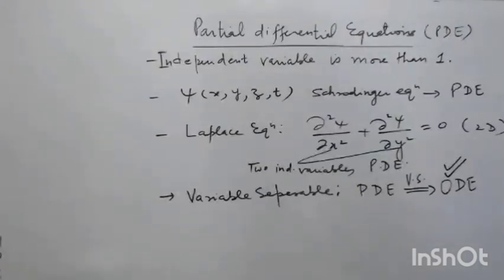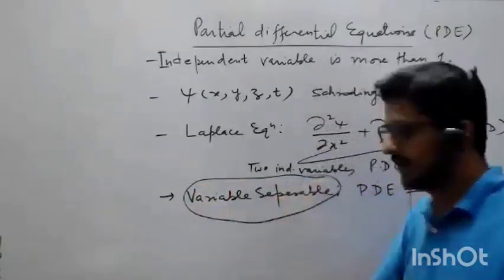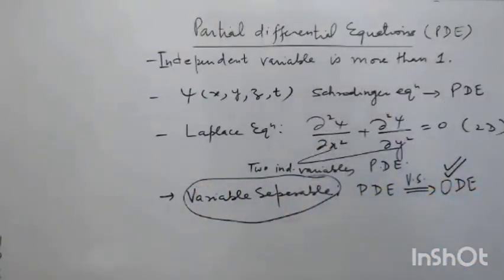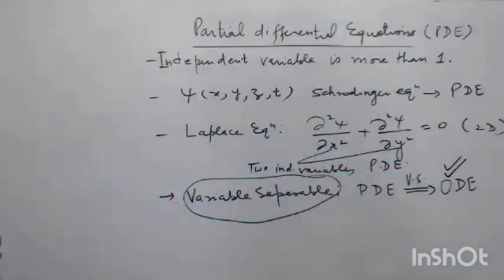So the variable separable technique is conversion of partial differential equation into ordinary differential equation, and we will be following this method only. Okay, so all we have to do is to follow the variable separable method to solve the partial differential equation. Okay, so let me introduce you with that technique.